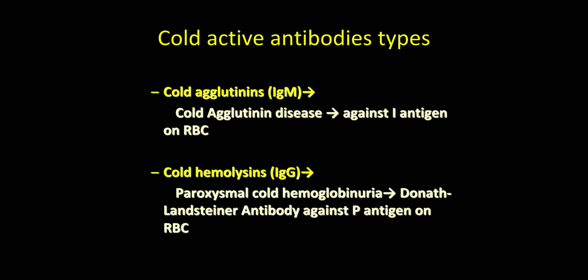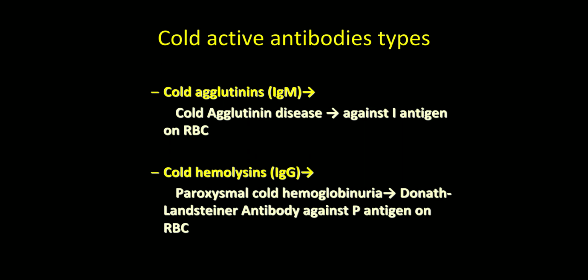And for cold hemolysis, for example, paroxysmal cold hemoglobinuria is another condition where the antibody is IgG type. That antibody is named the Donath-Landsteiner antibody, which is directed against the P antigen on the RBCs.